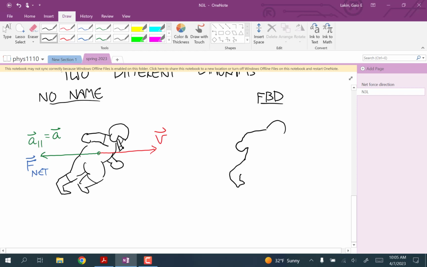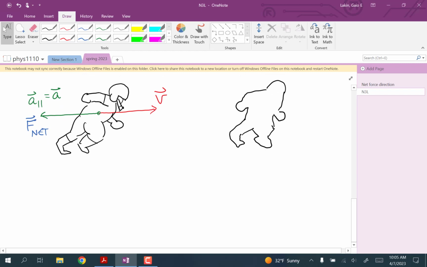So a free body diagram only has, in this case, the weight, the normal force, the contact force.